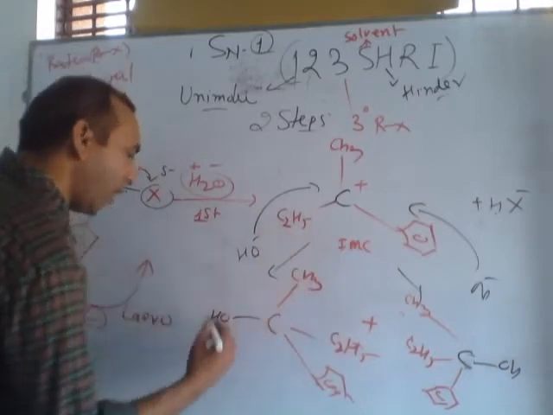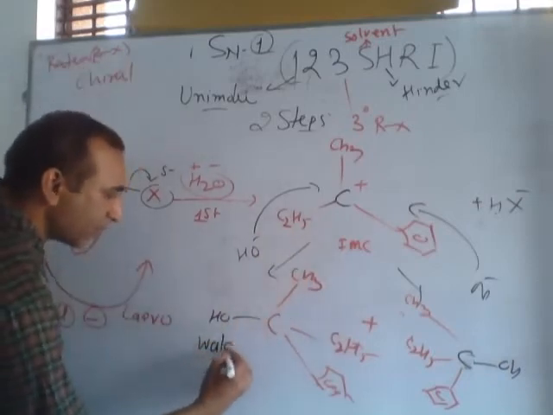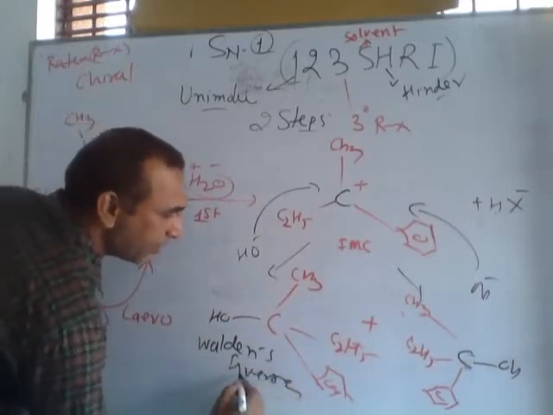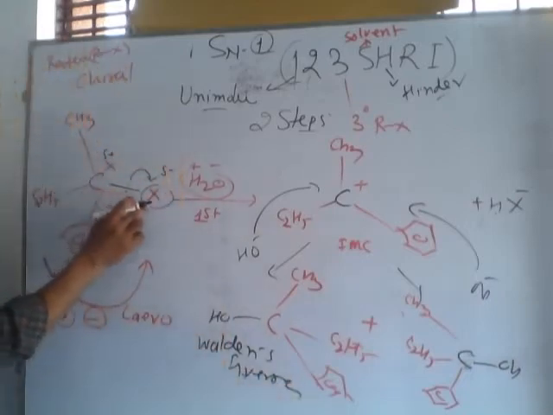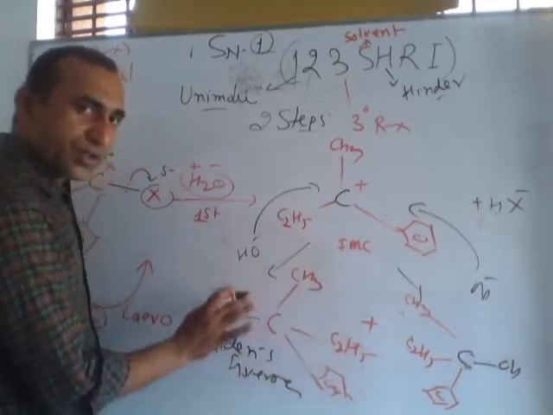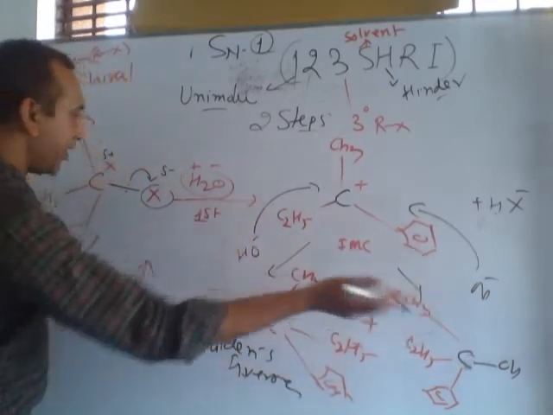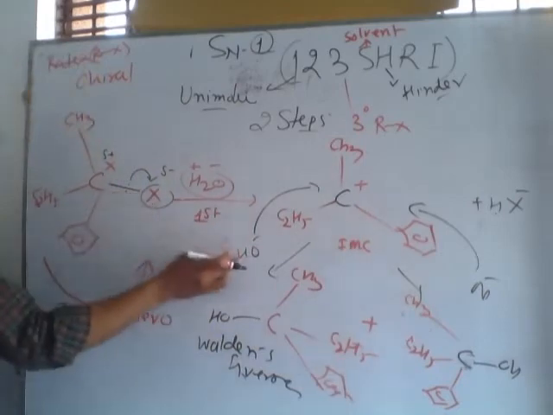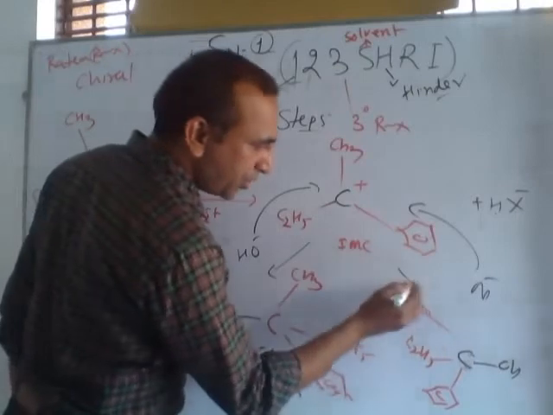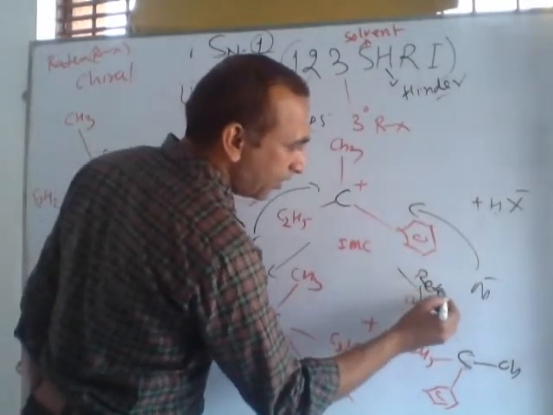This is called Walden inversion, given by Walden. Walden inversion means substitution along with a change of configuration takes place. In the second reaction, the halogen is replaced by OH, but the configuration of these three groups remains the same. So this reaction is called retention.